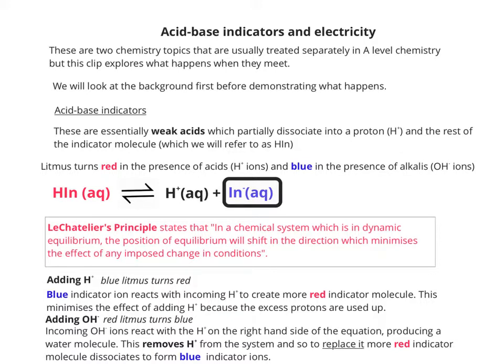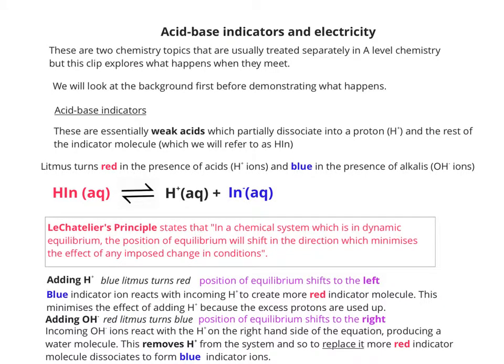In terms of Le Chatelier's principle, we have to say something about the shift in the position of equilibrium. So in purple I've added an annotation to say what direction the position of the equilibrium shifts in, because that's an important part of Le Chatelier's principle. You can see that from inside the box.